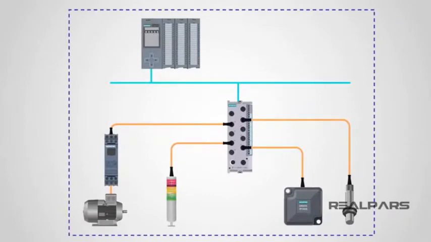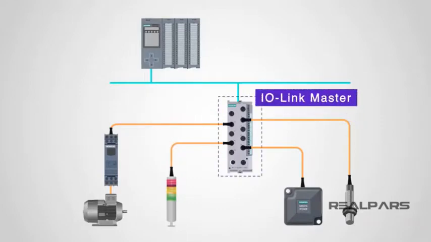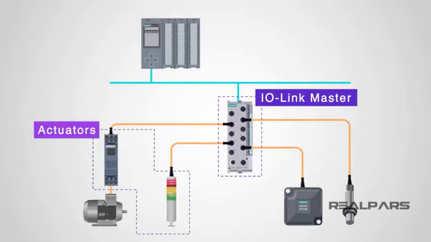I/O link is a simple communications protocol. It is used primarily for communications to simple 3-wire sensors and actuators. An I/O link master has slave devices, such as an actuator or sensor, attached to it.